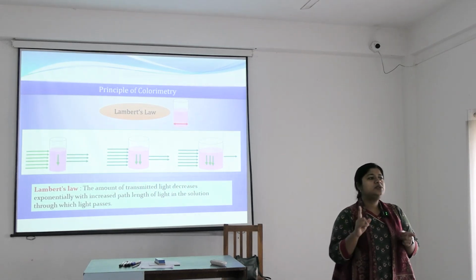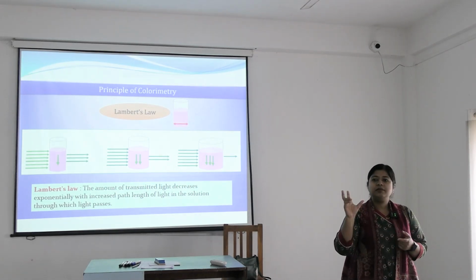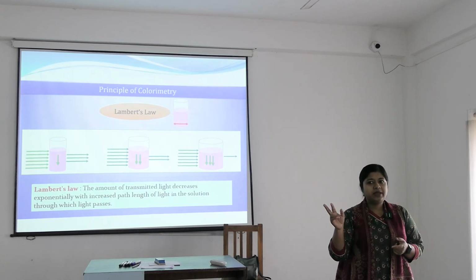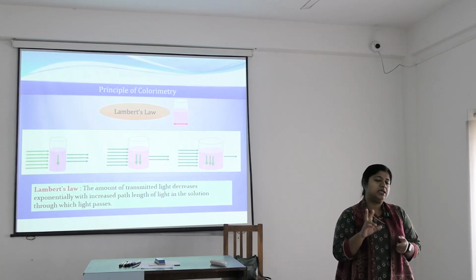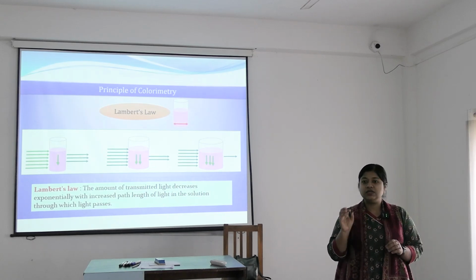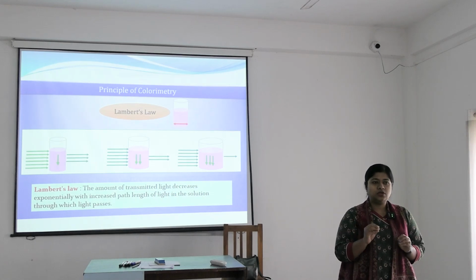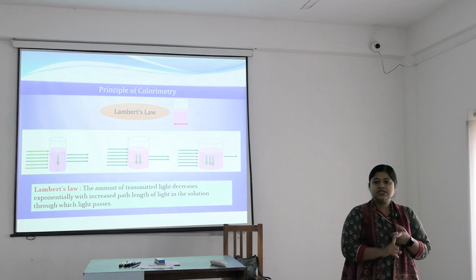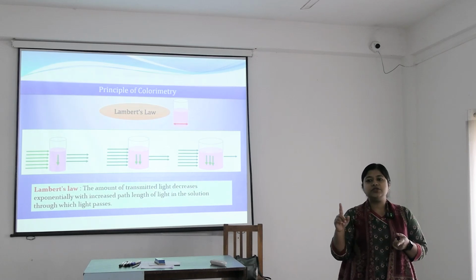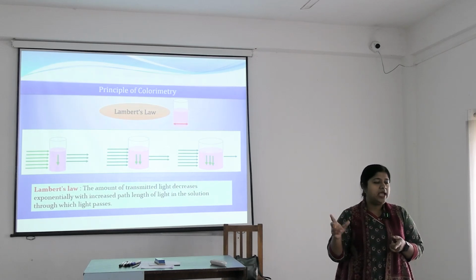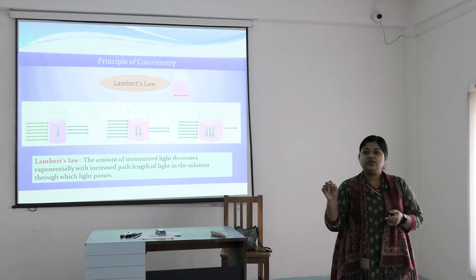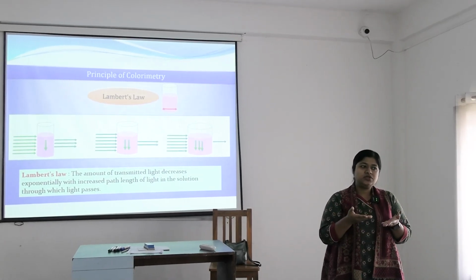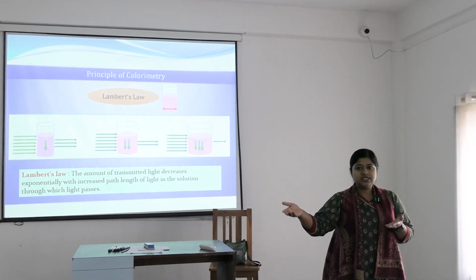So Lambert's law deals with path length. Easy to remember, L for length, L for Lambert's, and Beer's law deals with concentration of the substance in the solution through which light is passing. So in Beer's law, concentration is directly proportionate to absorbance or OD and indirectly proportionate to transmitted light. The more concentration, the less transmitted light.